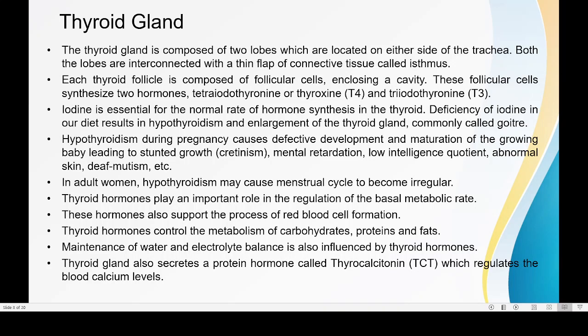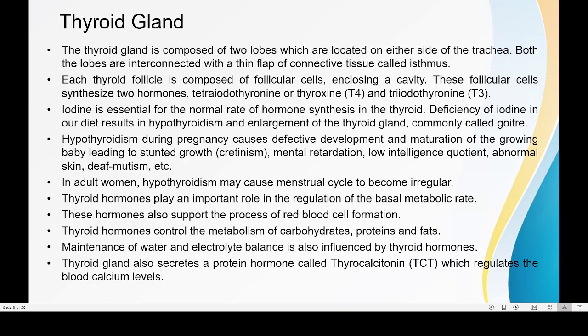I will give an enlarged view of that. Now along with the thyroid gland, there is also a smaller gland called the parathyroid. About the parathyroid we will study after the thyroid gland.